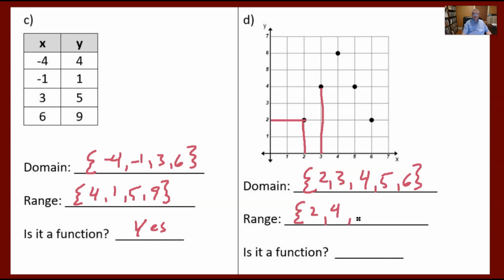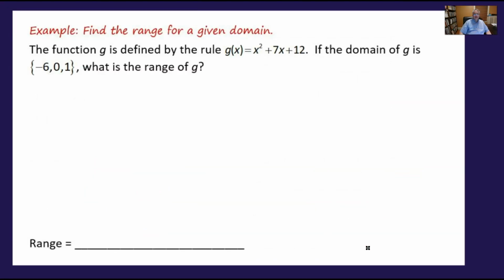This one has y value 6. The y value of this one is 4. That's already in the set, so I'm not going to list it again. And this one has y value 2, which is also in the set. Is this a function? Yes. Every input gets used only once. It passes the vertical line test. Any vertical line I draw crosses the graph at most once. So this is yes.